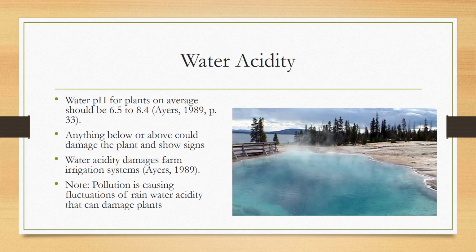And also it's important to note that since farms are on such a large scale, water acidity could destroy entire crops before the farmer knows it. And pollution is causing fluctuations of rainwater acidity that can damage plants.